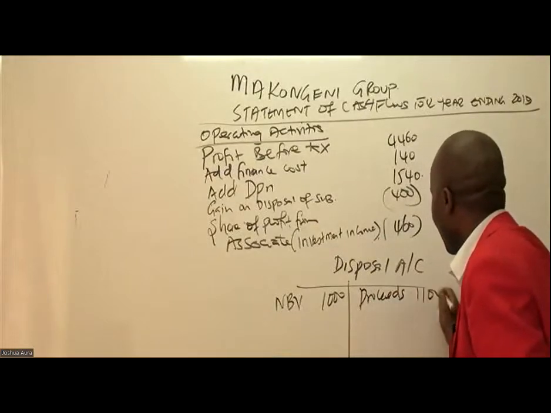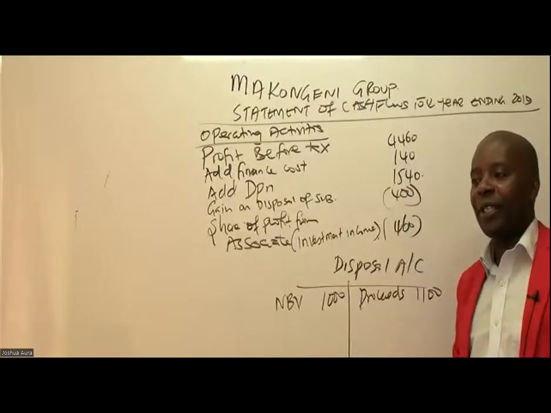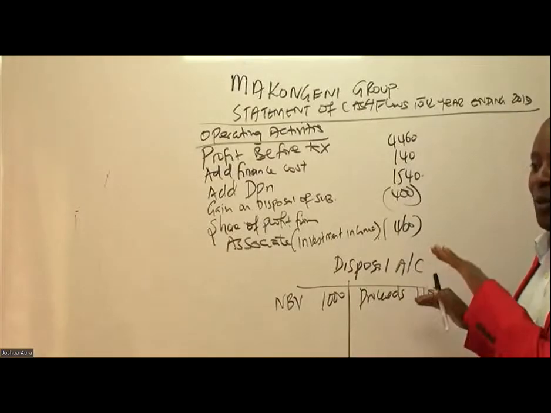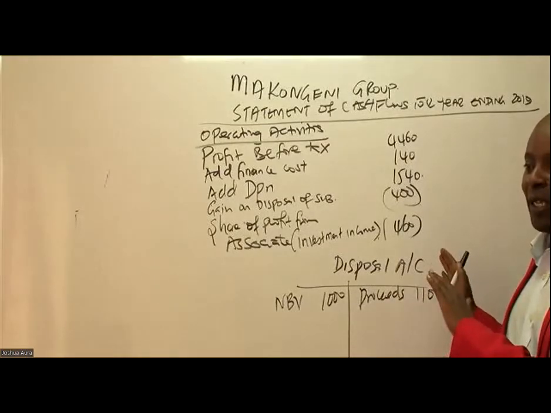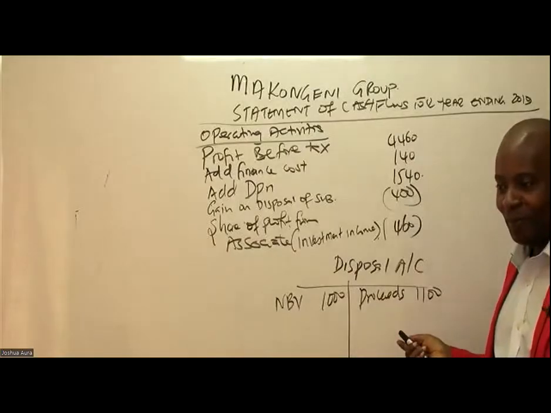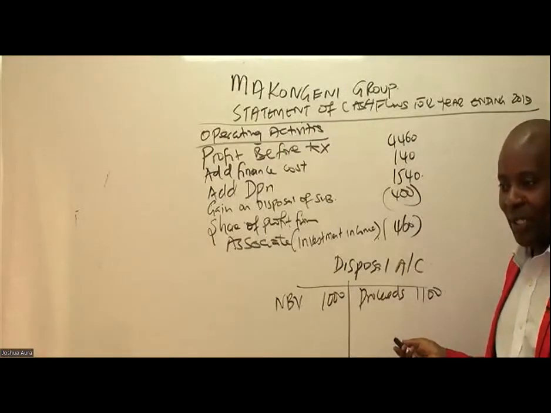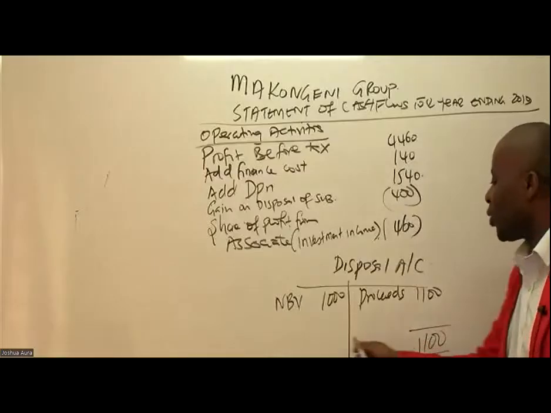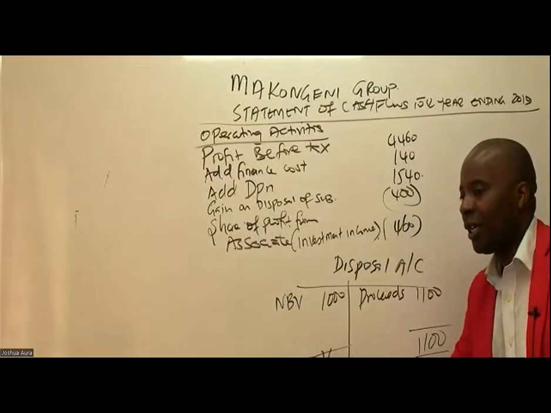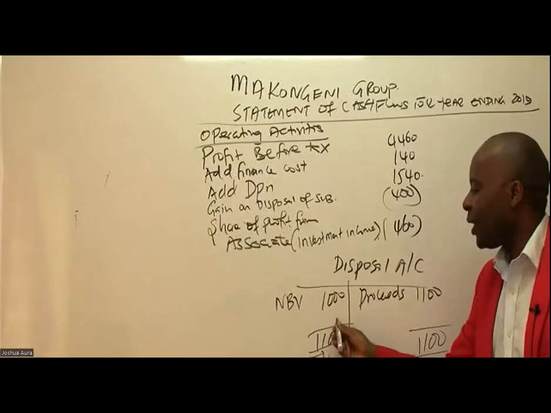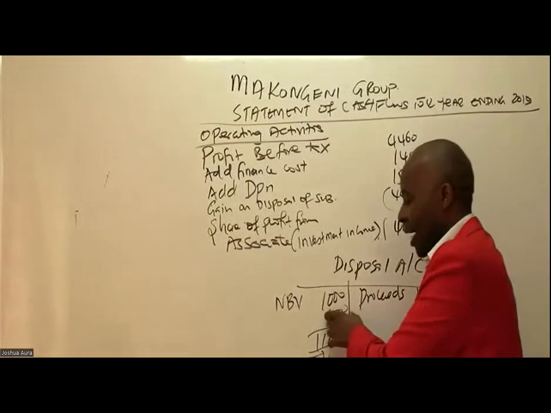They're telling us that they were able to get 1,100. So when you weigh this, is it a profitable venture or a loss-making activity? Did we realize a profit or a loss? Because now I'm supposed to balance this. It's a profit, yes, thank you very much. When I come here, the credit side is bigger with 1,100, meaning the balancing figure comes here.